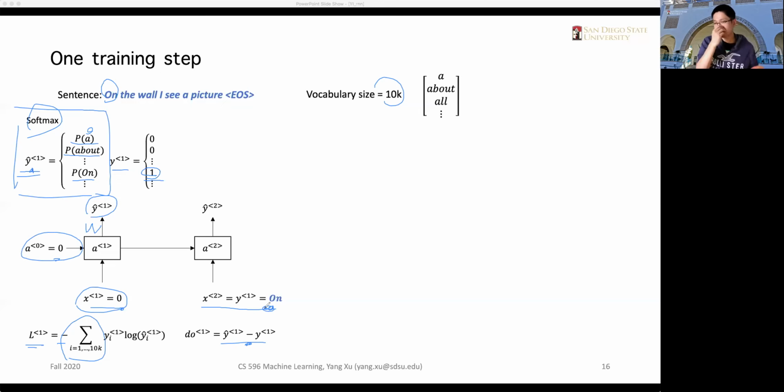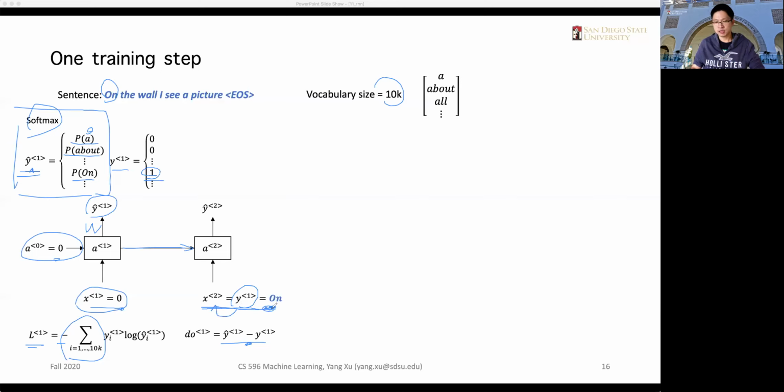The first word will be our context, right? Language is sequential. We should not predict all the words independently. We should predict the next word based on our knowledge of all the previous words, right? So the activation is passed along here, and also the first word y1 will be used as the input for the second time step x2.